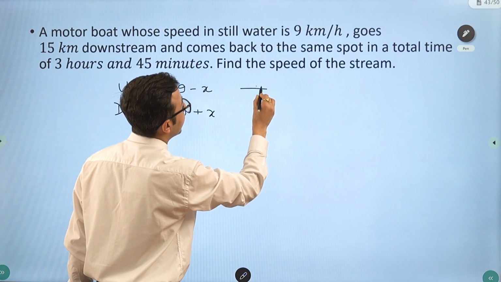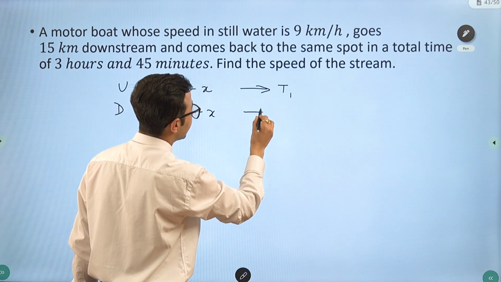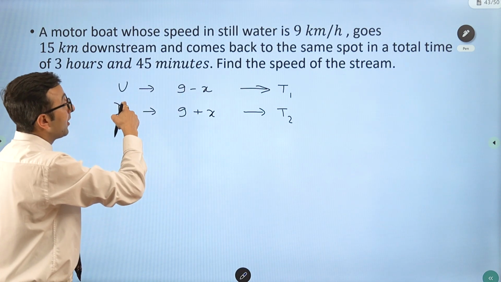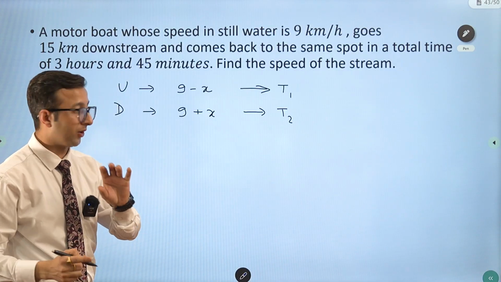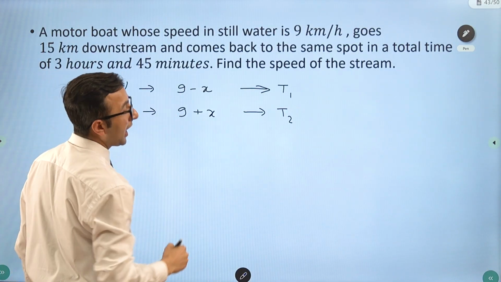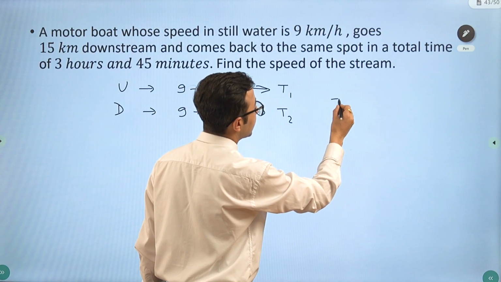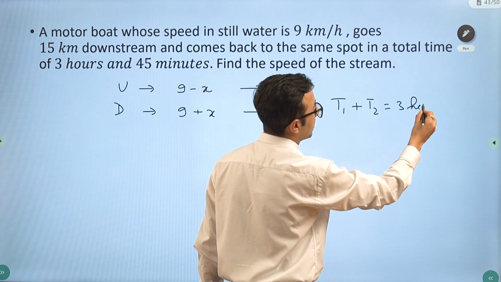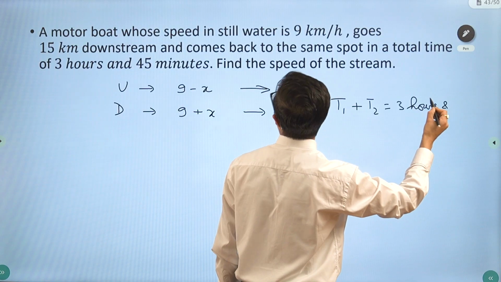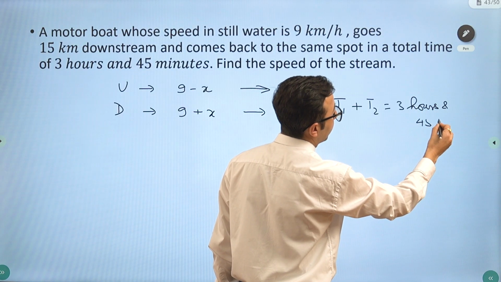Let this time be t1 and this time be t2. You know that more time will be taken while going upward than downward. So here they have said the total time. So the equation that you can see is t1 plus t2 is equal to 3 hours and 45 minutes.